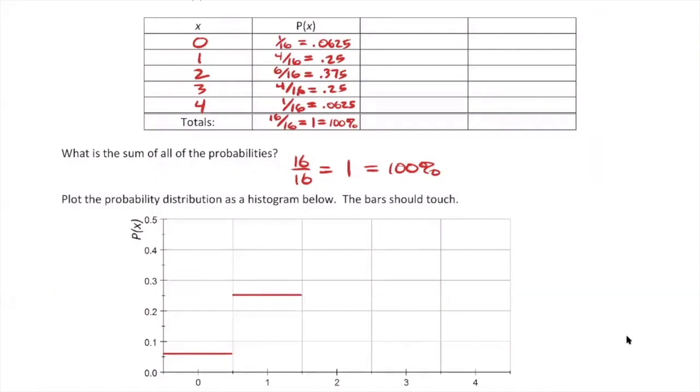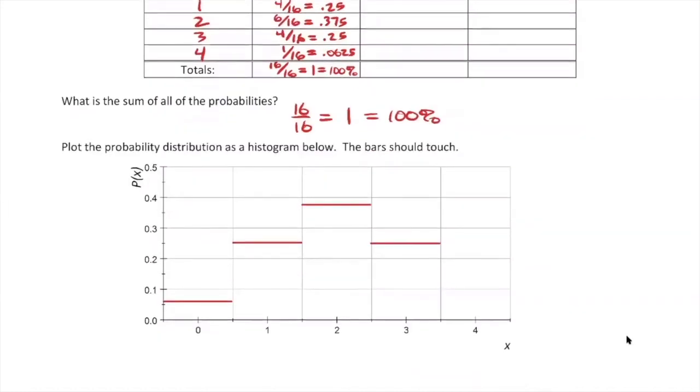Next one's 0.375, gonna go right about there. Then going back down to 0.25. And back down to 0.0625. Just a little more than halfway up on that first line, like that. And then this is a histogram.